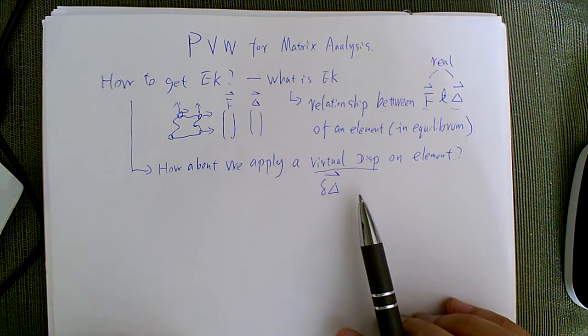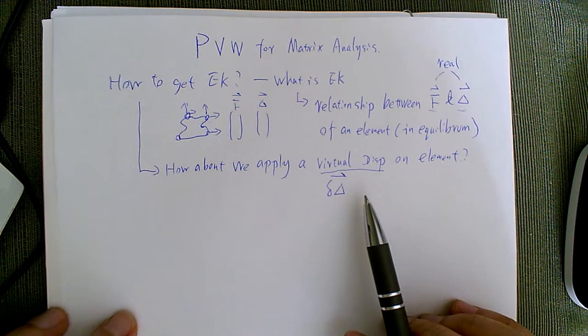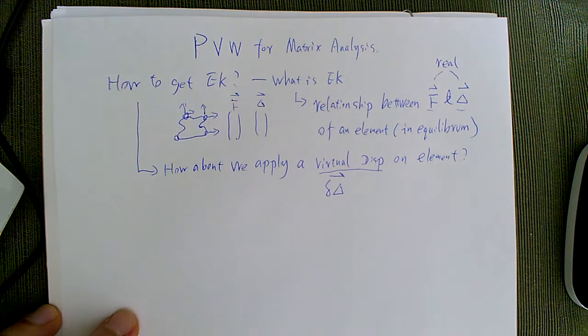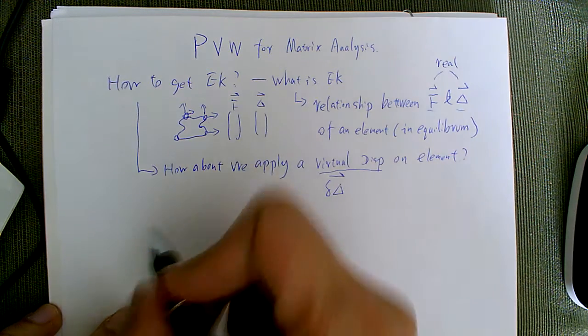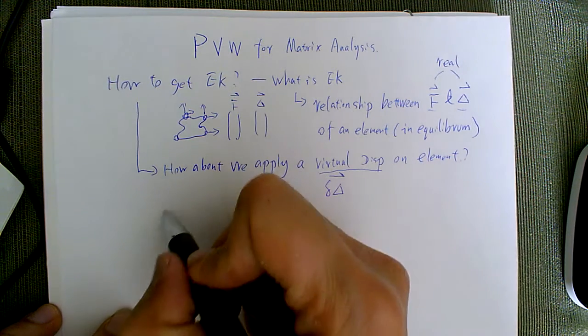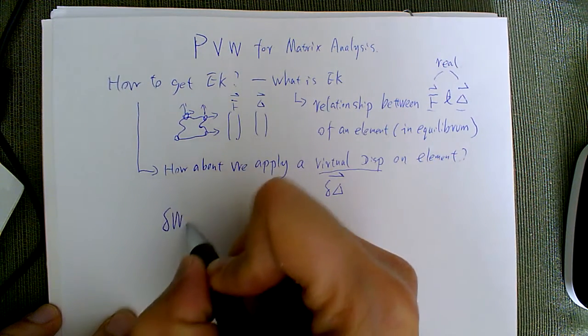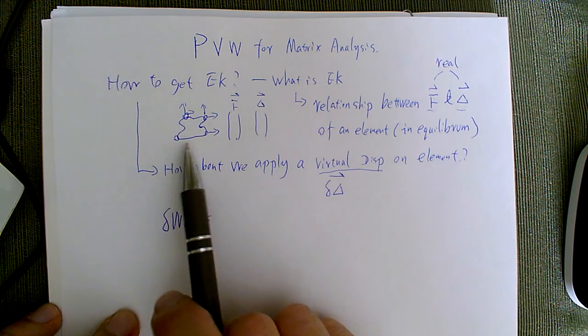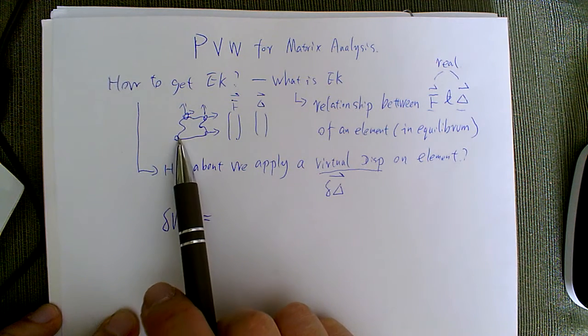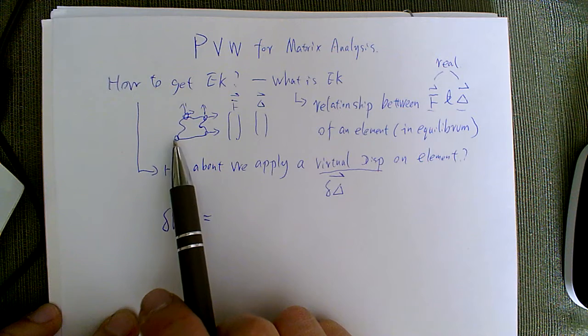So let's see, if we do that, how could we write out the principle of virtual work statement? We have virtual displacements here, so all we need to do is the external virtual work. For the element, we don't need to worry about boundary conditions anymore. Why?